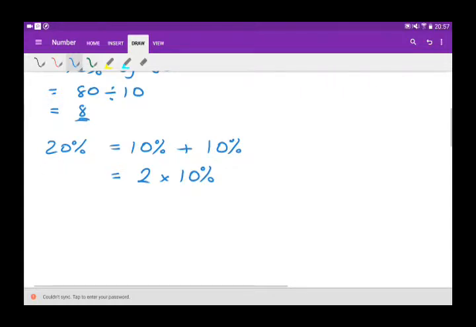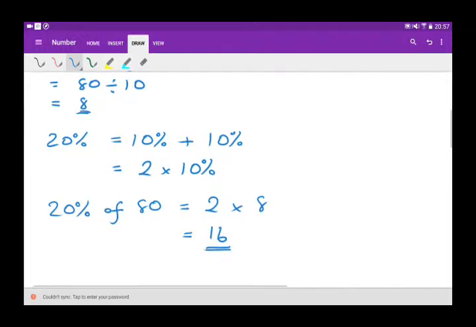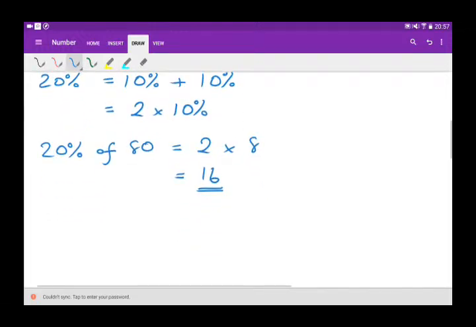So if 20% is two lots of 10%, then 20% of 80 is 2 times our 10% figure, which was 8, which is of course 16. And that's basically how you do it. I'll do one more example. Let's look at 70%.